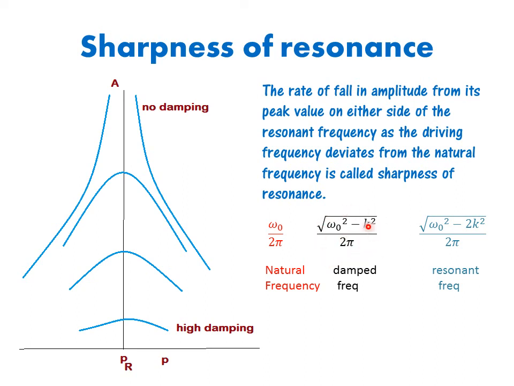So in the event of damping, this will be the frequency, root of omega 0 square minus k square divided by 2 pi. And right now we have seen when there is resonance, which is taking place in the event of an external periodic driving force. In that case, there is something which we call resonant frequency, which is equal to root of omega 0 square minus 2k square divided by 2 pi.